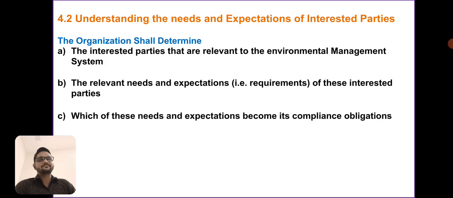The organization shall determine the interested parties that are relevant to the environmental management system. Next are the relevant needs and expectations, that is the requirements of that interested party. Which of these needs and expectations become its compliance obligation?